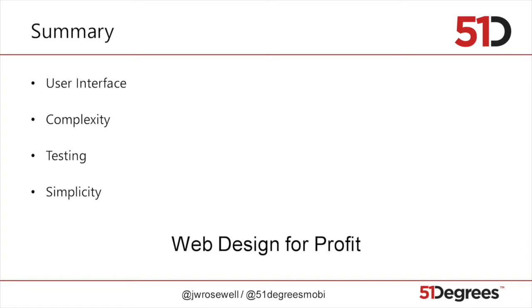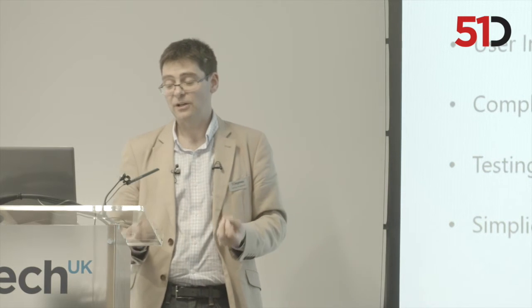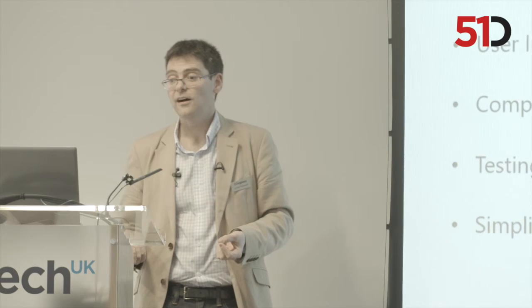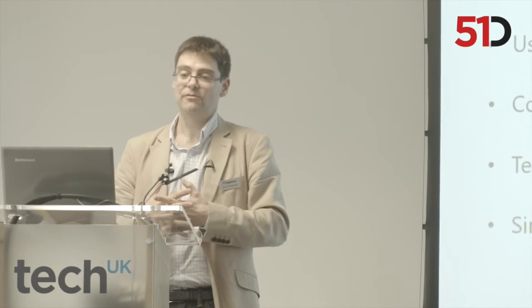There's the complexity as we add ever more JavaScript, ever more technology into the same environment in this one-size-fits-all case. And when it comes to regression testing, I think that's just going to get harder and harder and harder. And ultimately, if we can simplify by going back to some of the things that were being talked about at the end of the last decade, then we can ultimately design experiences that provide more profit.